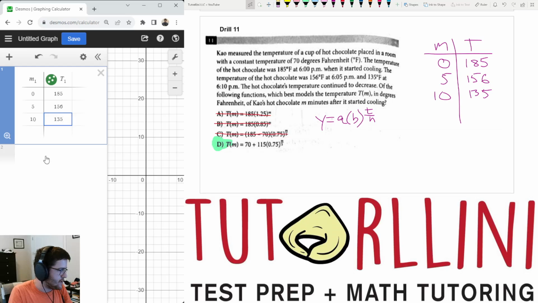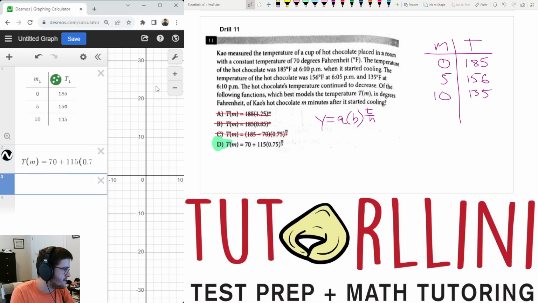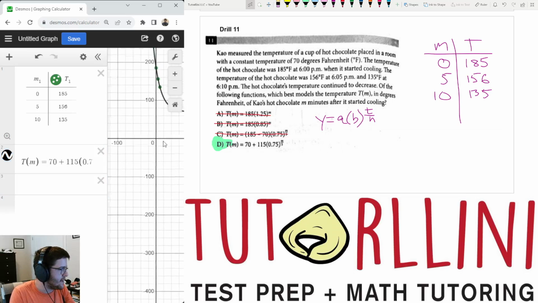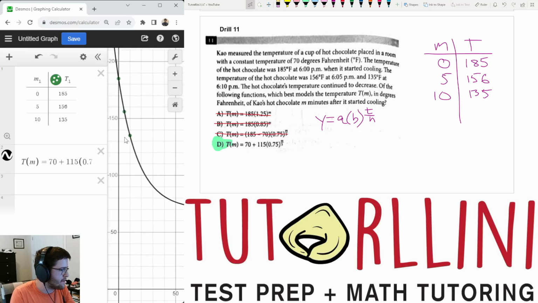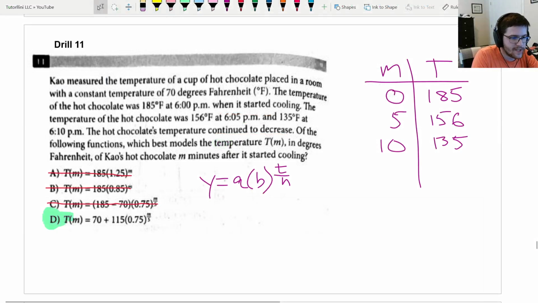And I am now going to plot T of M equals 70 plus 115, 0.75 to the M divided by 5. And it looks great. So it goes perfectly through all 3 points. So we did a good job. Great. Still think guess and check is probably the easiest. All these equations are so different.